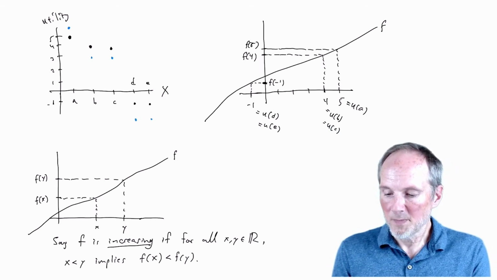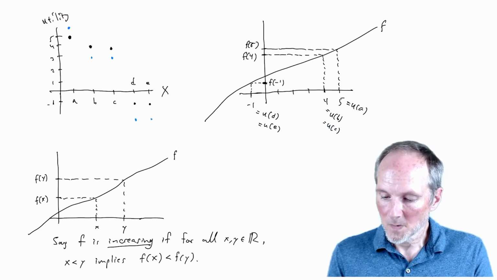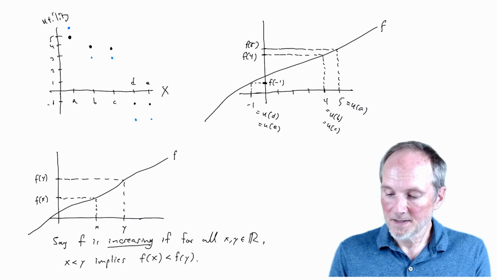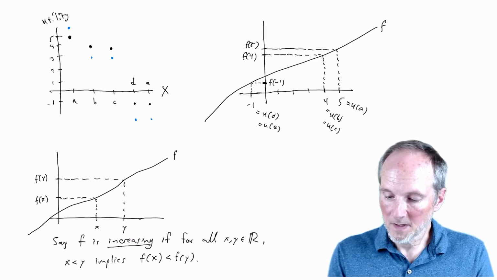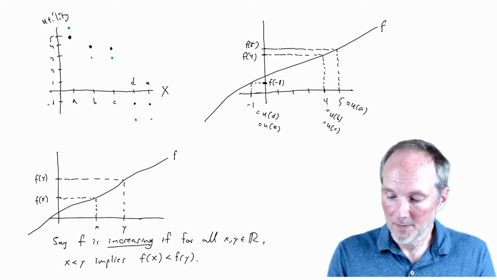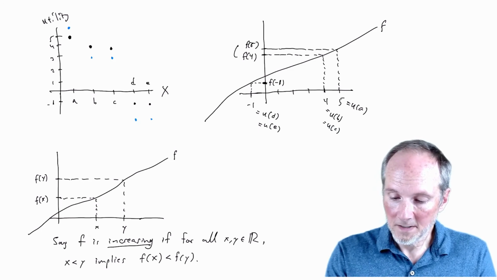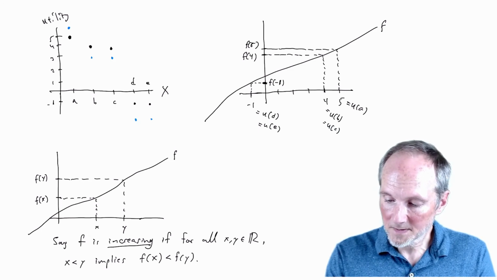Notice that because this function is increasing, I haven't changed the orderings of any of these utilities, right? -1 is less than 4, and f of -1 is less than f of 4. 4 is less than 5, and also f of 4 is less than f of 5. All right, so why am I doing this?